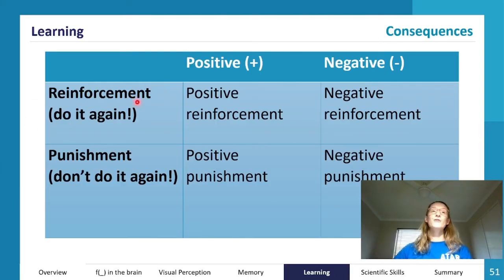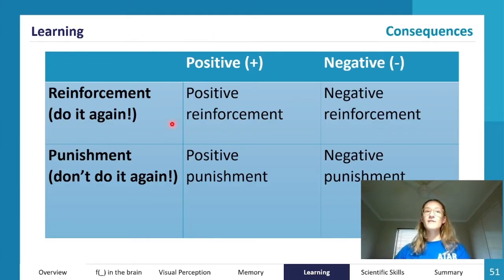So reinforcement is any consequence that says, yes, I want to encourage this behavior. I want you to do it again. A reinforcer says, I want you to learn that this is a good behavior and I want you to do it again.